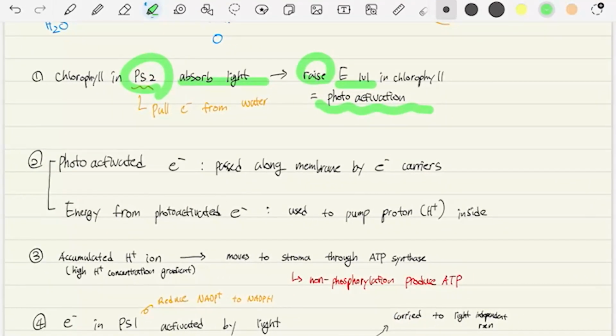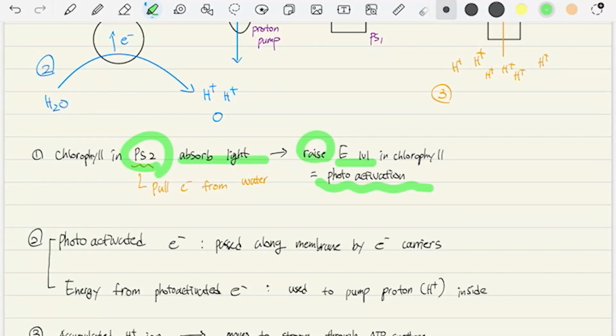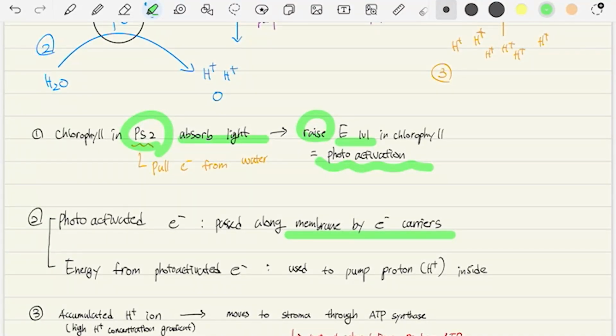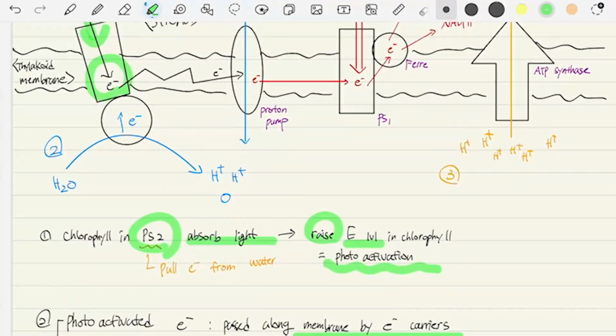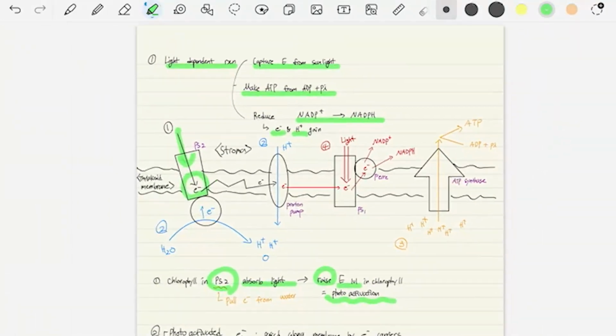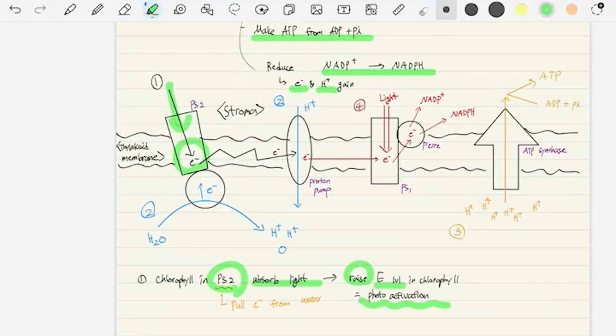The second step is the photoactivated electron being passed along the membrane by electron carriers. Simultaneously, energy from the photoactivated electrons is used to pump protons, which we call hydrogen ions, inside the chloroplast.